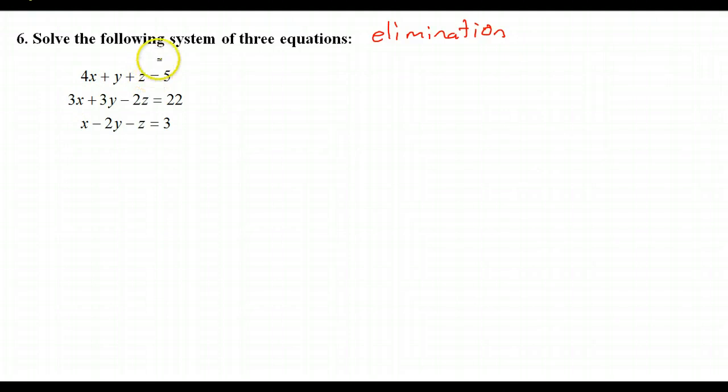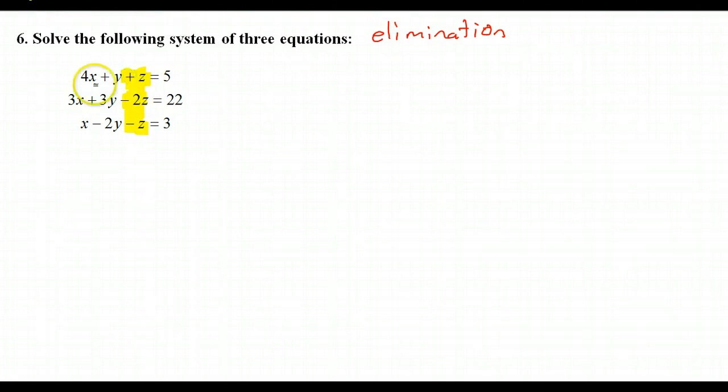You have to decide ahead of time which variable you're going to kill, which variable you want to eliminate. Looking at the z's, I see I've got a positive z and a negative z. They're already opposites, so I'd love to use those. So I'm going to eliminate the z's.